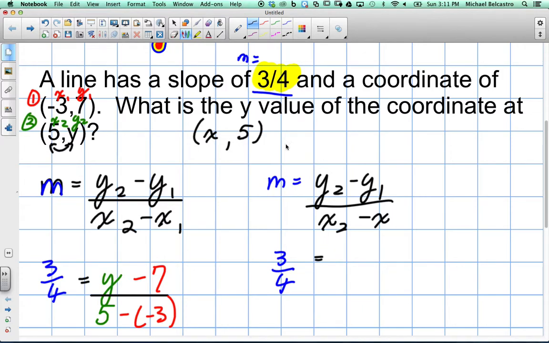In this one, this will be our y2 and this will be our x2. Our y2 we have a value for, it's 5. Subtract our y1, which is 7. I didn't quite color code them this time. And our x2 is the unknown, so we're just going to write the value of x in for it, and it's going to subtract still the value of negative 3.